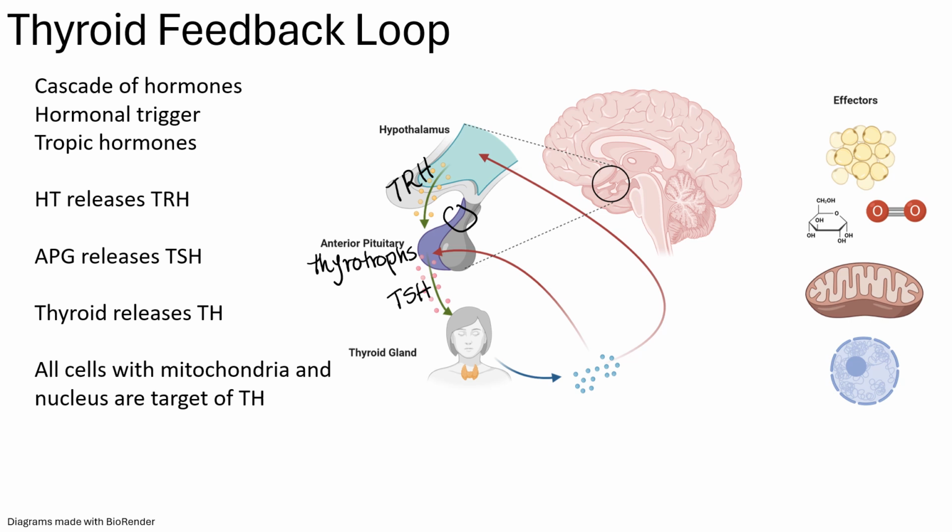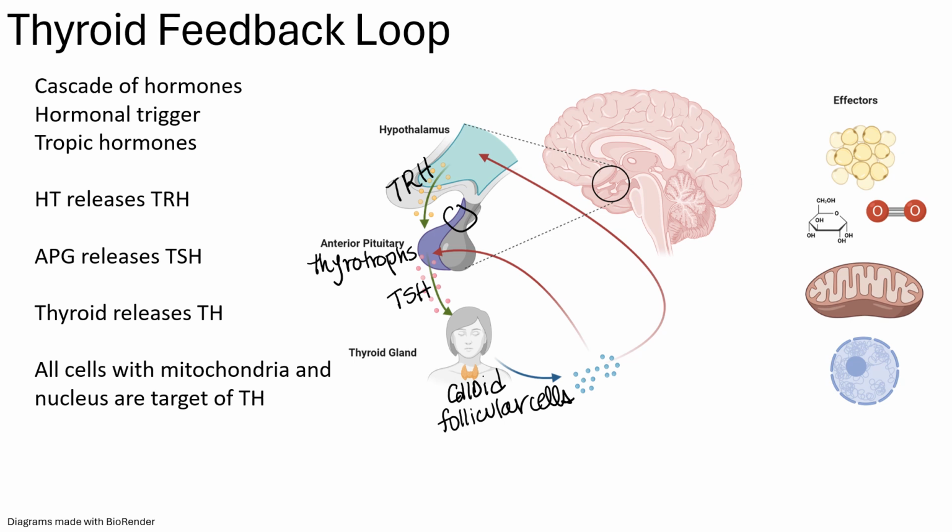TSH circulates all throughout the body until it hits the thyroid organ, right? And TSH specifically targets the colloid to release TH, and then it targets the follicular cells to make more TH to replace the TH that was released.